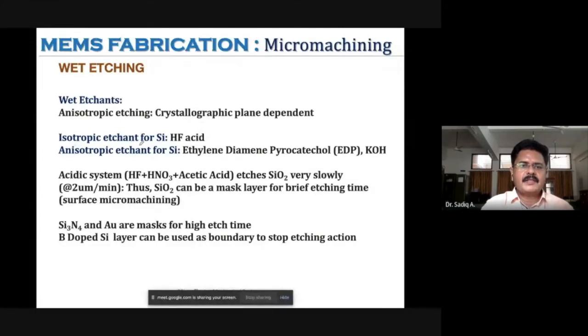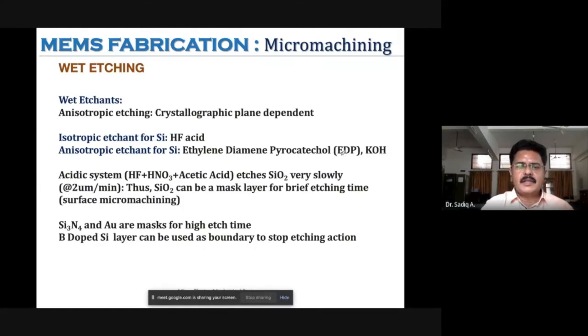An example of an isotropic etchant for silicon is hydrofluoric acid. HF stands for hydrofluoric acid. Another anisotropic etchant for silicon is ethylene diamine pyrocatechol, EDP in short form, or potassium hydroxide.